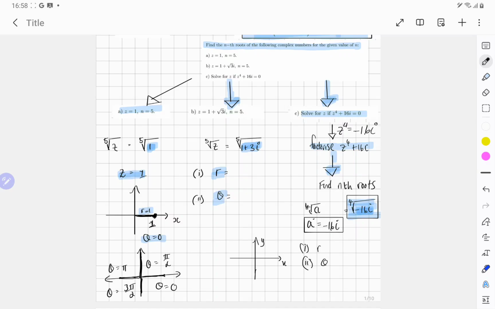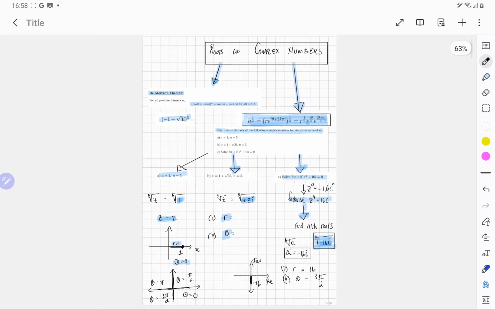And just to recap, minus 16i will lie, we're doing the Argand diagram, so this is your real and imaginary part. Minus 16i will lie on the negative y-axis. In other words, this radius is 16 and theta is 3 pi over 2.